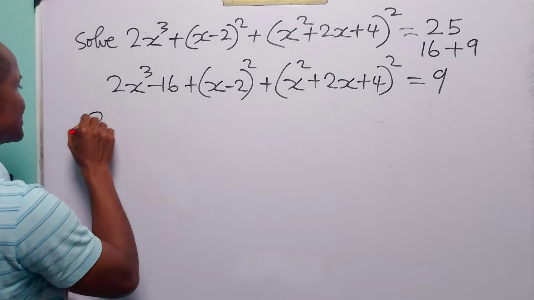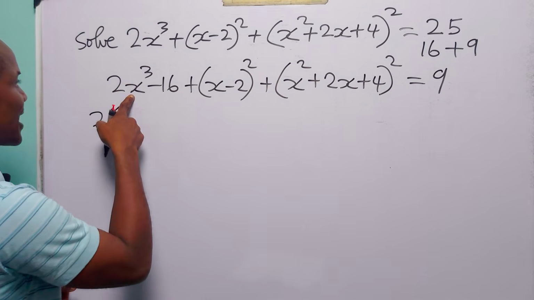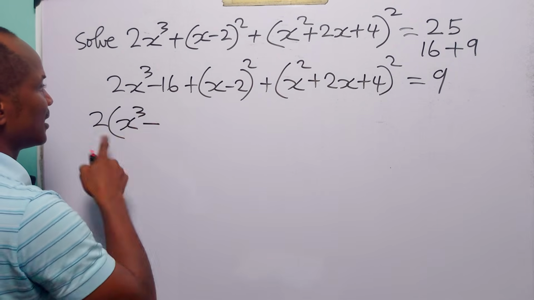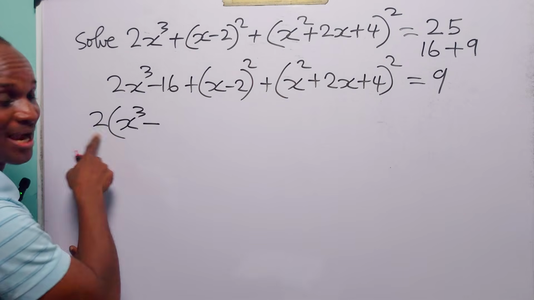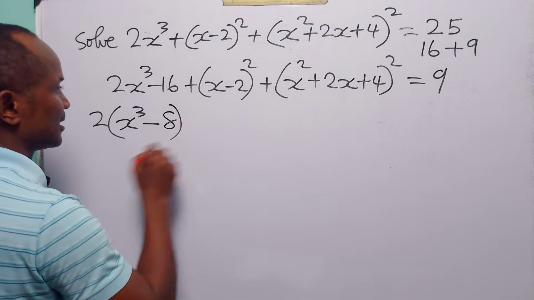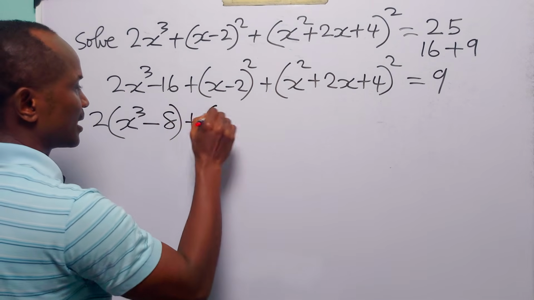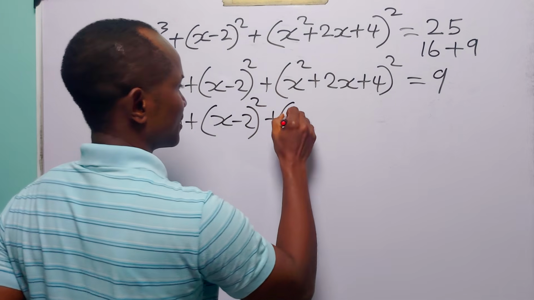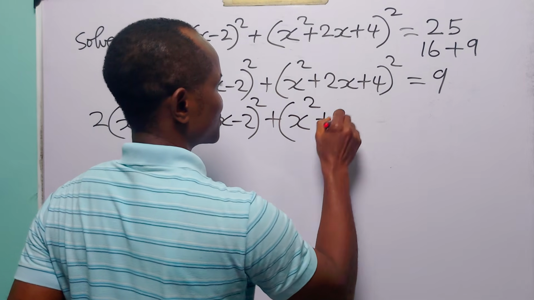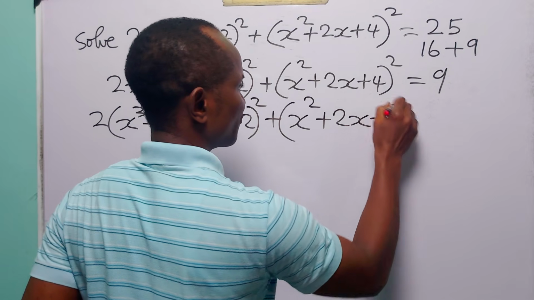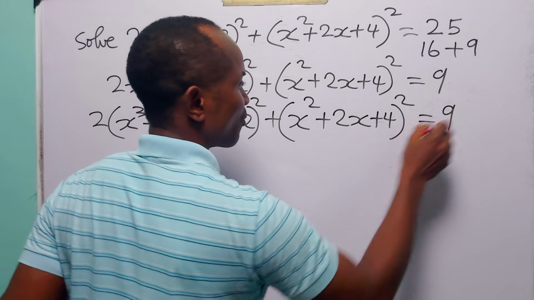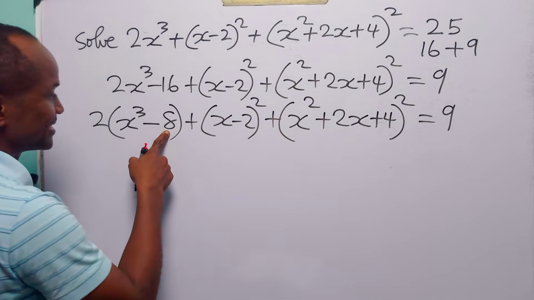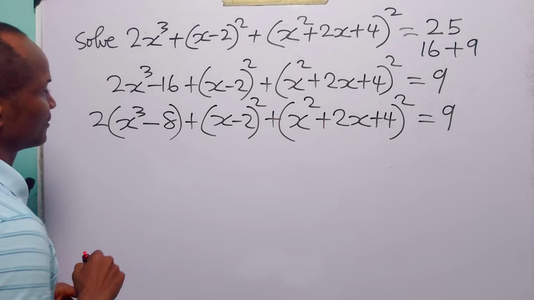So we can write this as 2 into (x cubed minus 8), since 2x cubed divided by 2 is x cubed and 16 divided by 2 is 8. Then we have (x minus 2) squared plus (x squared plus 2x plus 4) squared, and this is equal to 9. Now, 8 is 2 cubed.